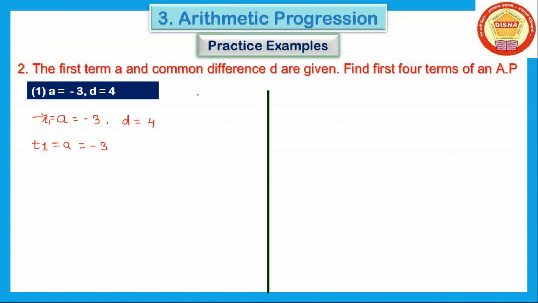What is the meaning of A? A is also denoted as the first term. Means the first term is denoted by T1 and it is also denoted by A. Means T1 is equal to -3.